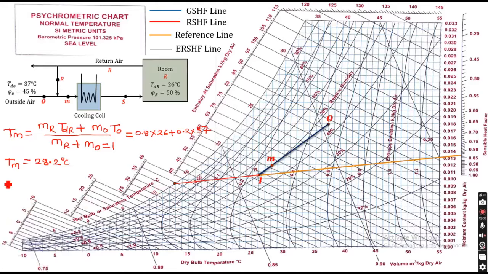The bypass factor is the length of S to ADP divided by the length of M to ADP.